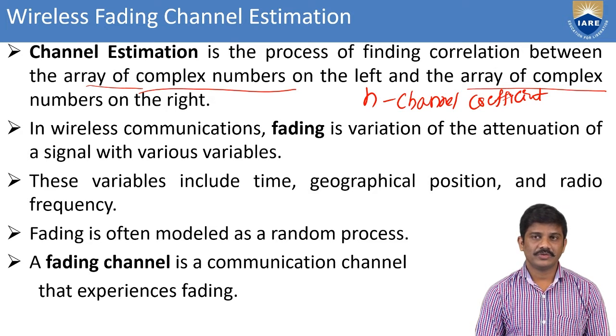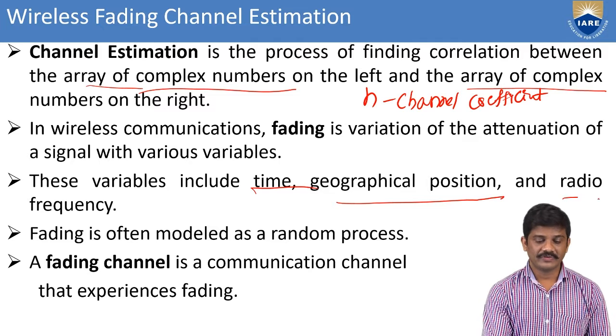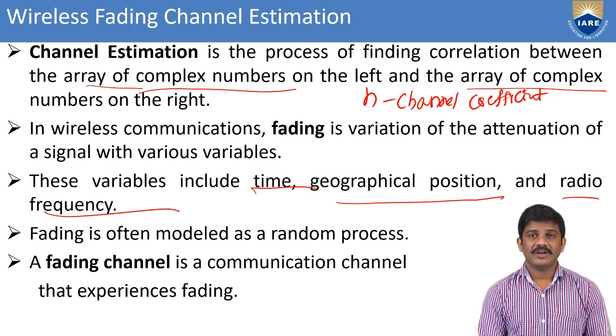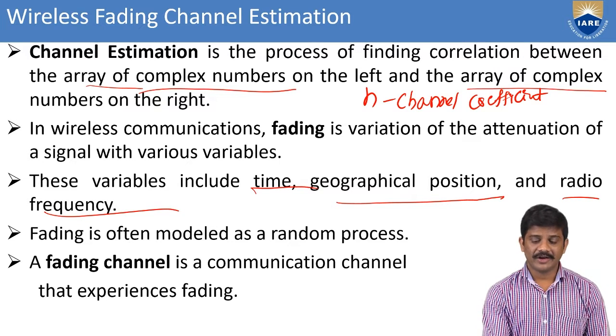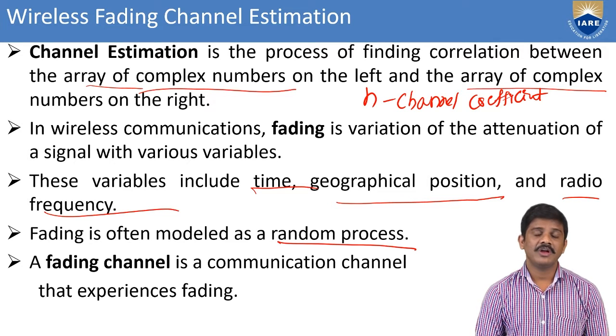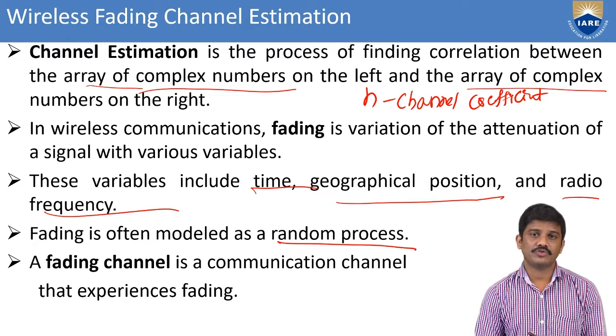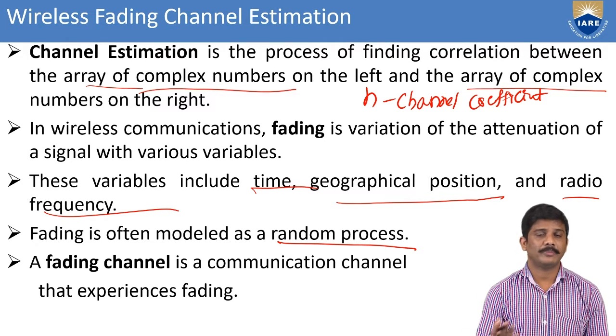These variables include time, geographical position, and radio frequency. Fading is modeled as a random process. With probability, we have some prediction of the outcome.